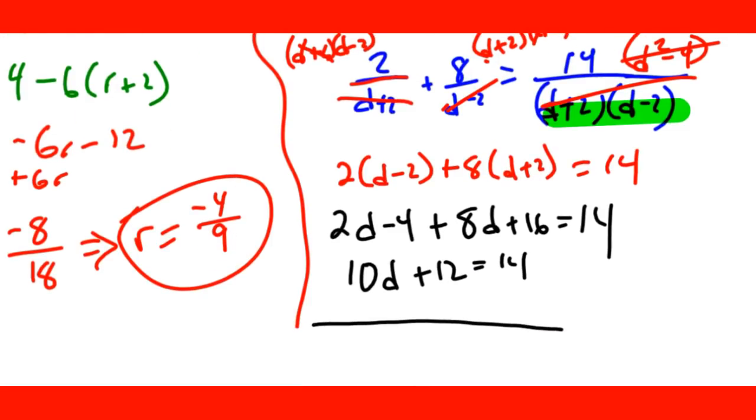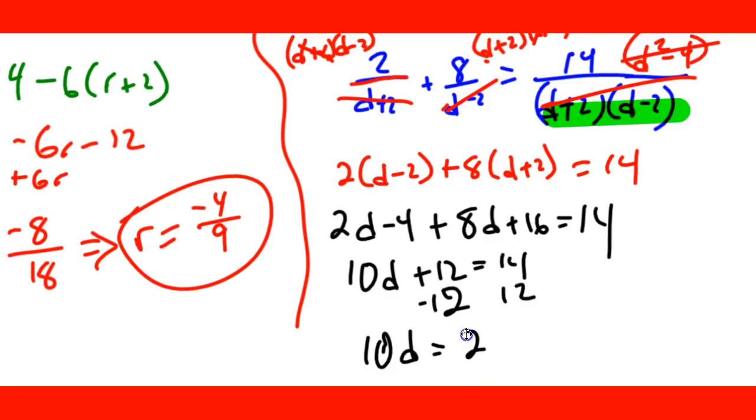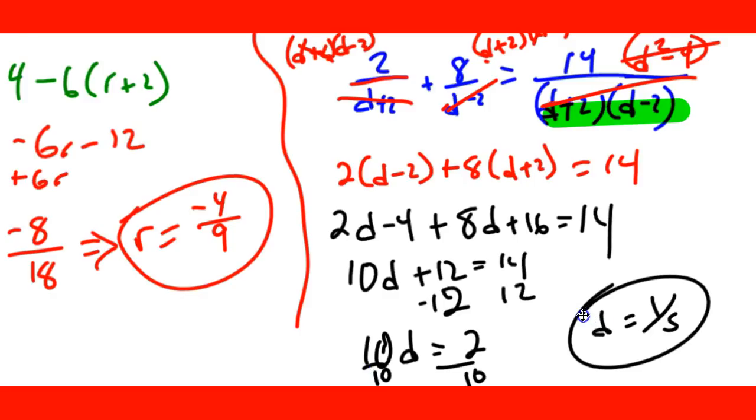Now we're going to subtract 12 on both sides. So 10d equals 2. Then we divide by 10 on both sides, and d equals 1/5. All right, d equals 1/5.